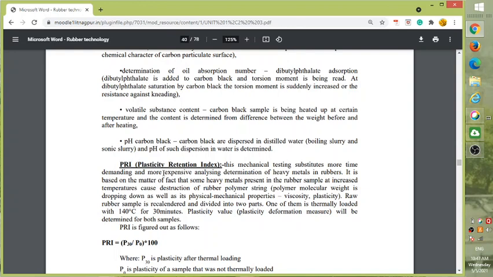Carbon black is a rubber reinforcing additive used in a multitude of rubber products. Large amounts of carbon blacks are used for tires.